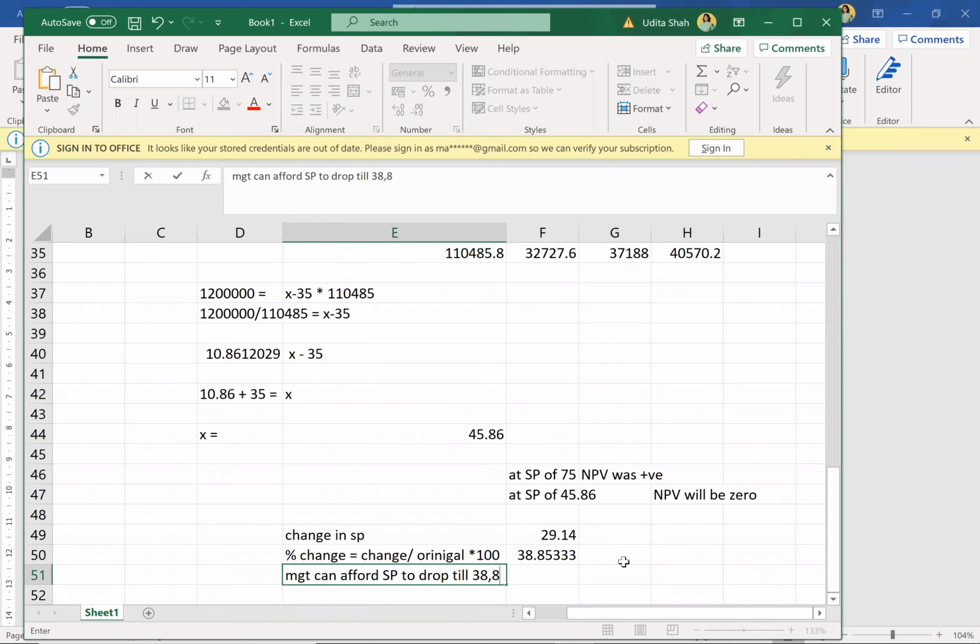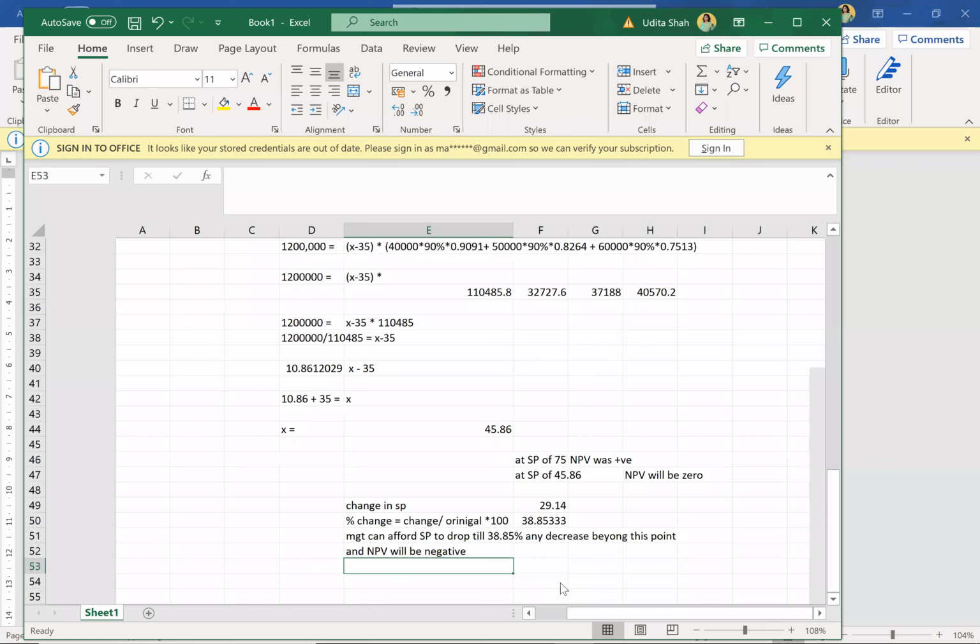Correct? Any decrease beyond this point, and NPV will become negative. Okay, see if you understood the entire thing.